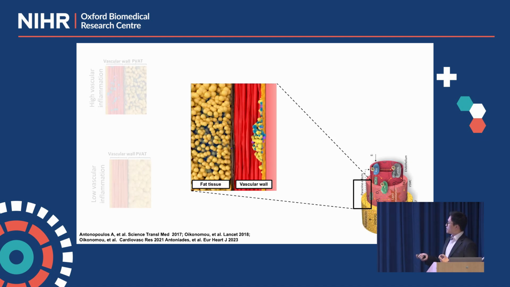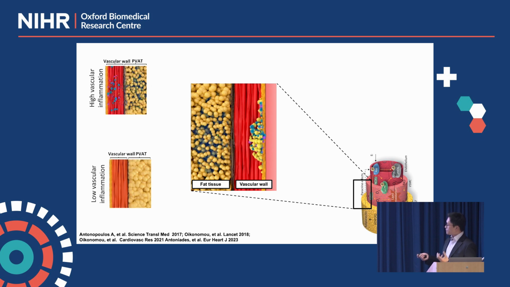In the inflamed arteries, it relays chemicals such as cytokines, for example, that affect the fat tissue around the heart vessels. So the fat cells become smaller and more watery, for example, and this can be detected non-invasively on the heart CT scan.